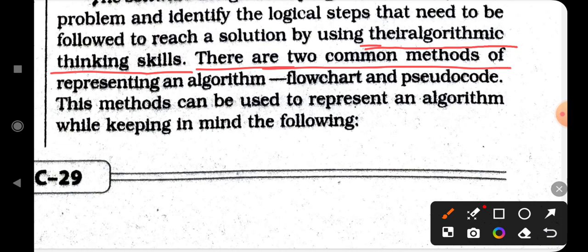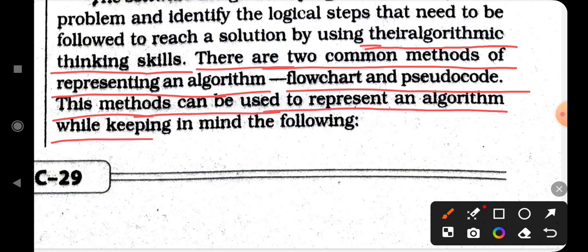There are two common methods of representing an algorithm: flowchart and pseudocode.